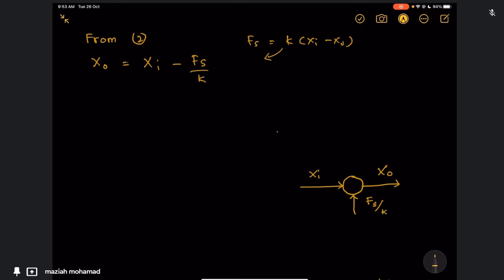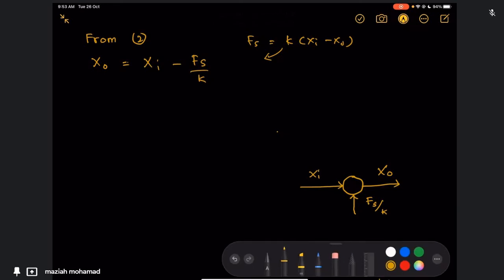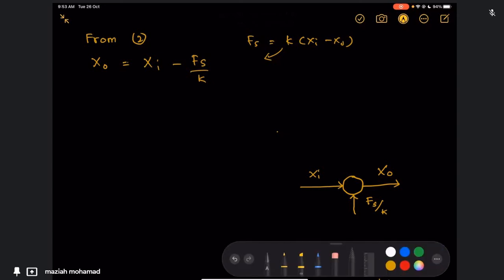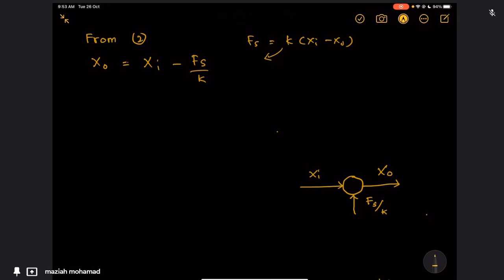So you can see the block is quite complex. Since xi is the input to the system, we just leave it there. And then we need to solve for fs over k. So fs over k is a multiplication operation.